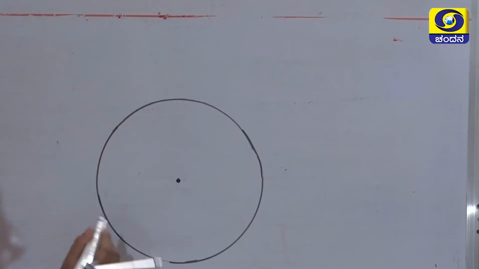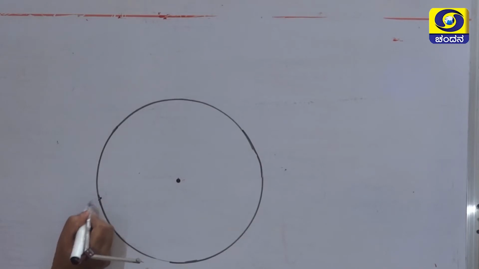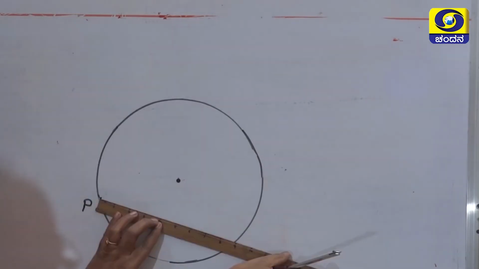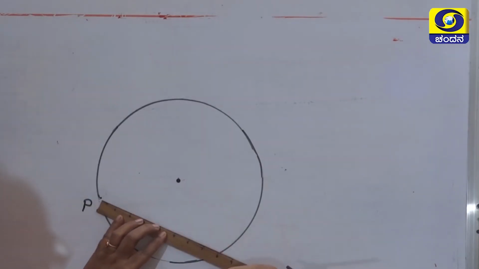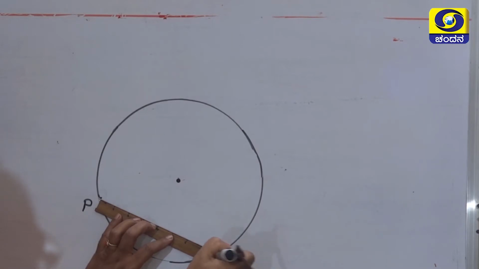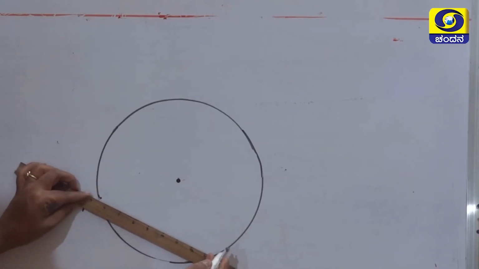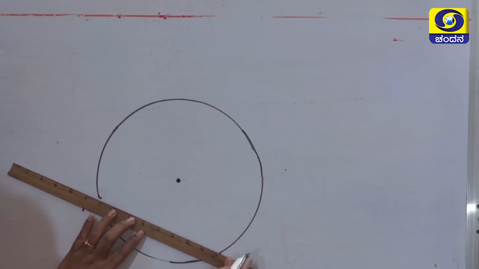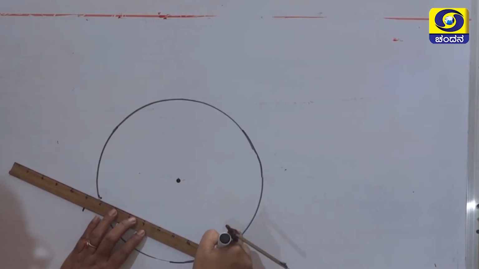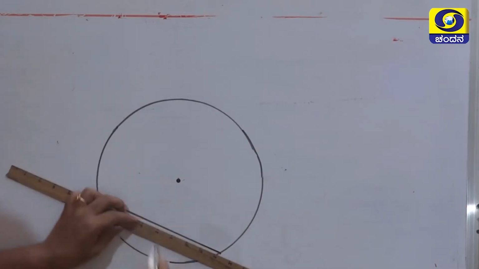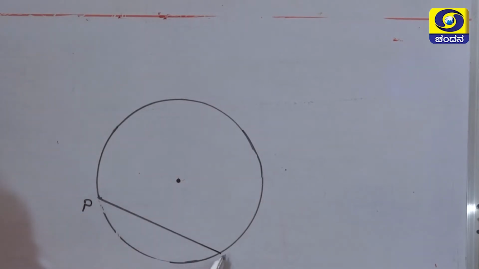To draw a chord, let us mark point P here. Keep the scale at point P in such a way that another point at 8 cm should lie on the circumference of the circle. Now let us join these two points. This is our chord PQ.